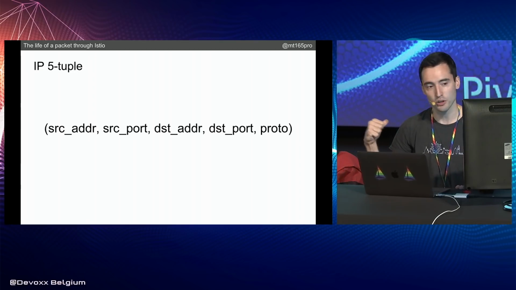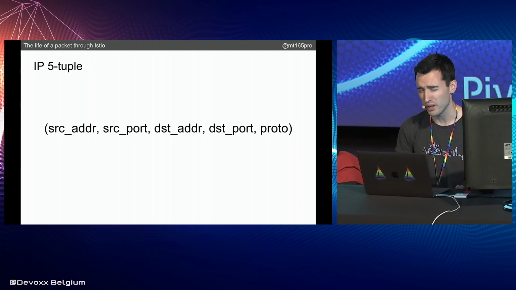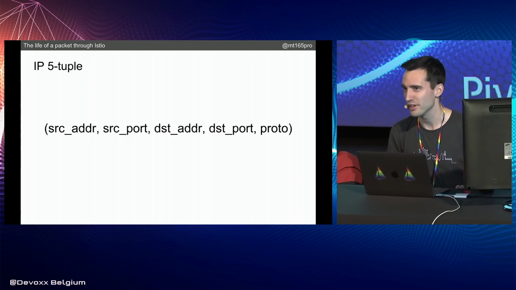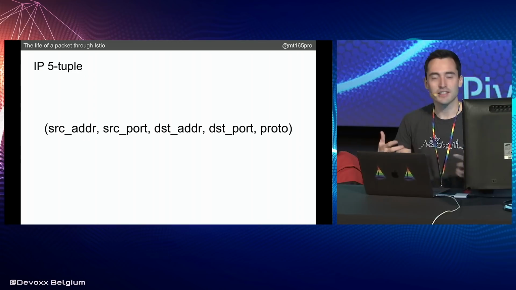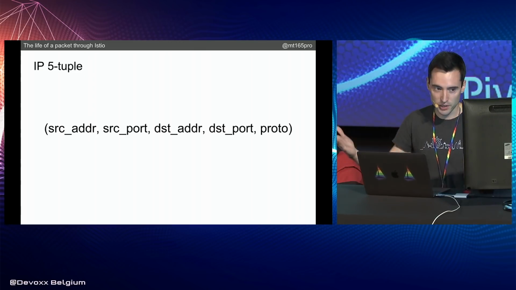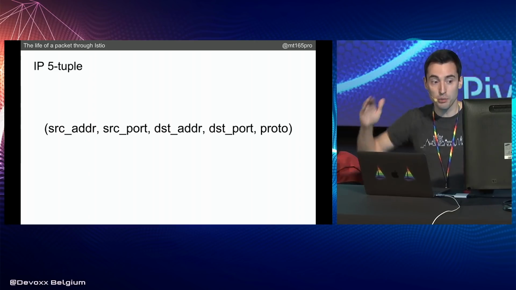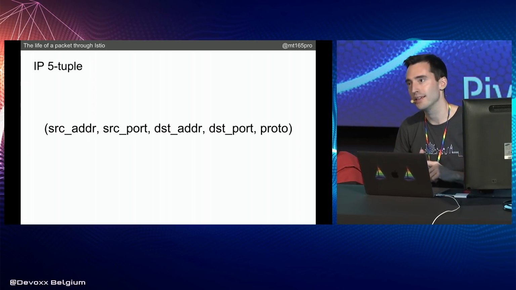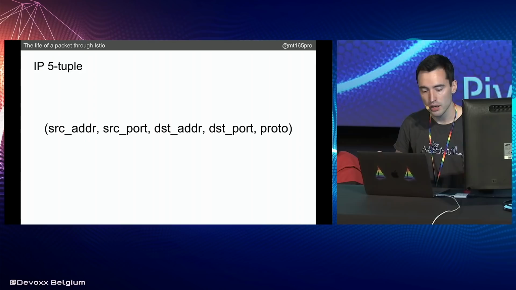This is the IP protocol, as in 6 is TCP, 17 is UDP. I'm squinting as if I don't have them written down, but that's your IP protocol. So maybe I've got a TCP stream going from my laptop to a Chromecast. These 5 numbers uniquely identify every IP connection, TCP or UDP or ICMP or whatever, on a network.